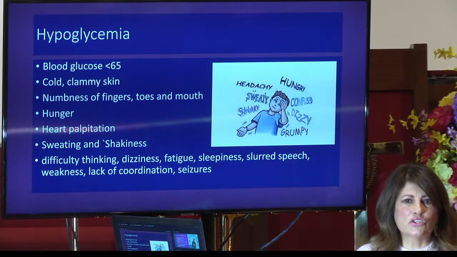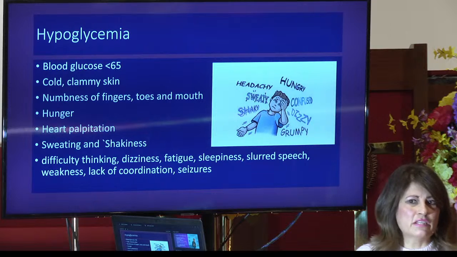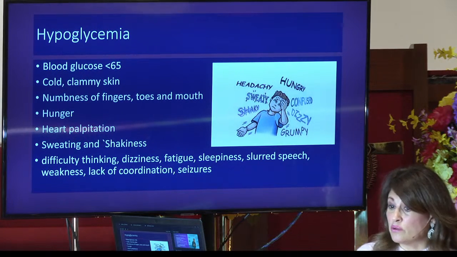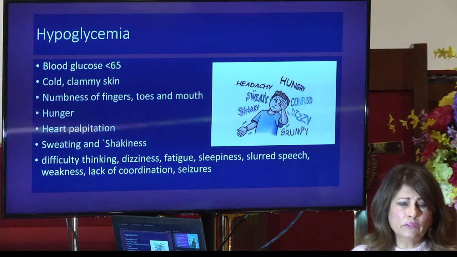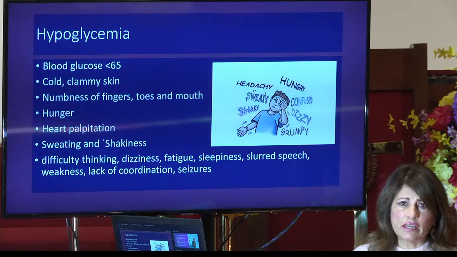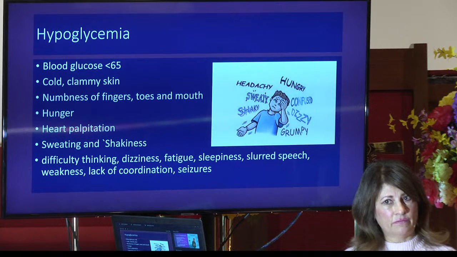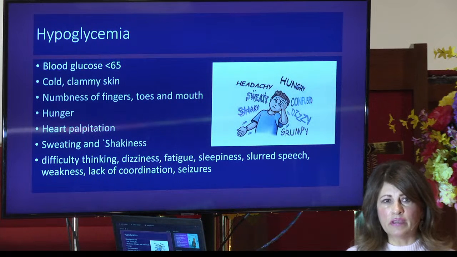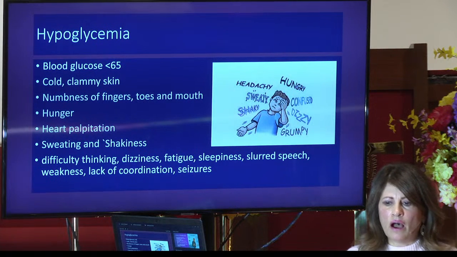He had driven into the Hudson River. His sugar was 20-something. I don't even know how they knew that number. That's what I heard. He had given himself too much insulin, and he dropped. He was what we call a brittle diabetic, type 1. He drove himself into the river, and he died.